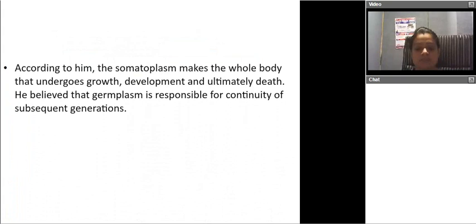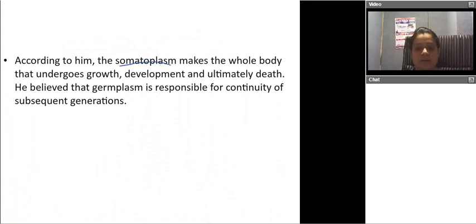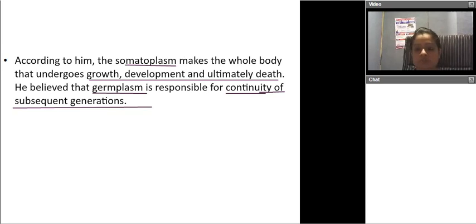Somatoplasm makes our entire body. So what is our entire body made up of? According to the hypothesis, it is made up of somatoplasm. It undergoes growth, development, and finally it dies. Then germplasm is responsible for continuing the progeny generation after generation.